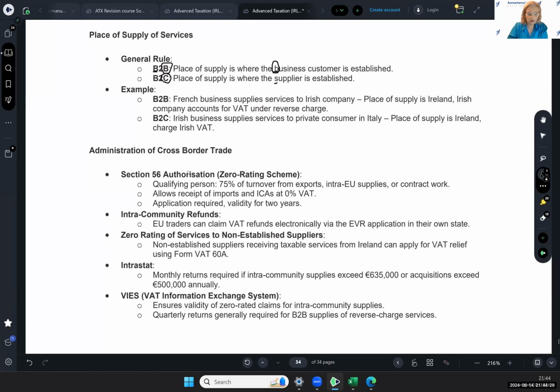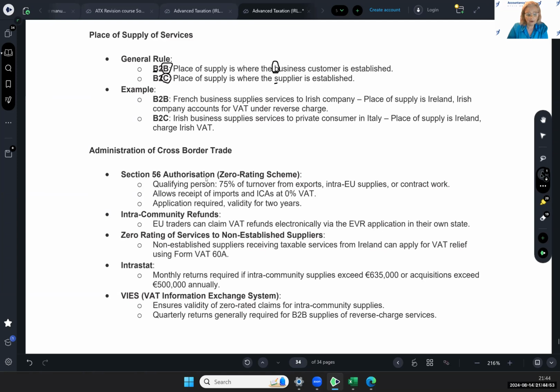Okay, so the conditions to be satisfied are that they must have 75% of their turnover from exports, intra-EU supplies or contract work. So effectively, that type of turnover will all be zero rated, and this type of taxable person will most likely be in a constant VAT repayment situation.